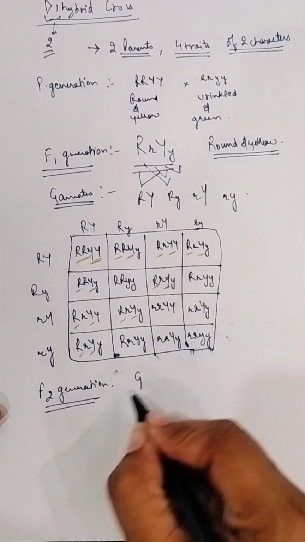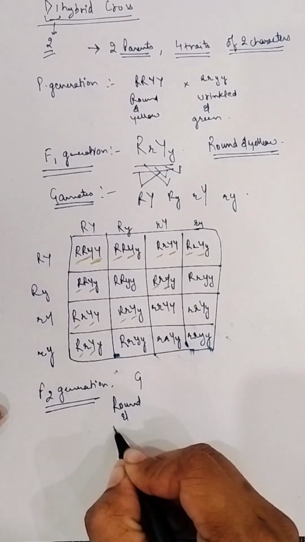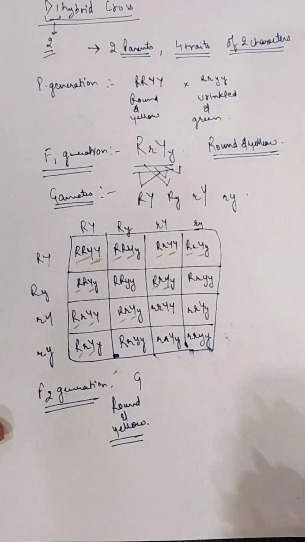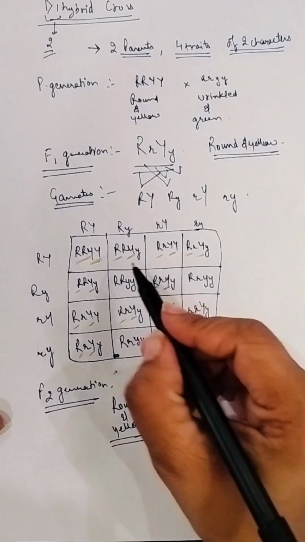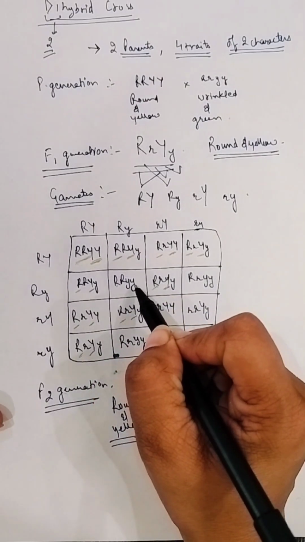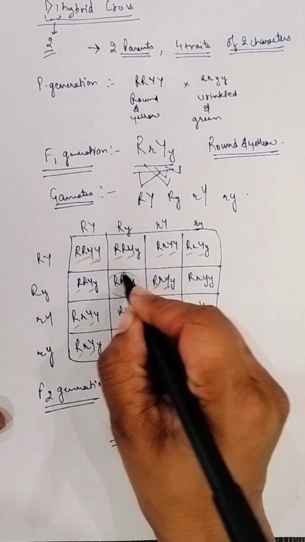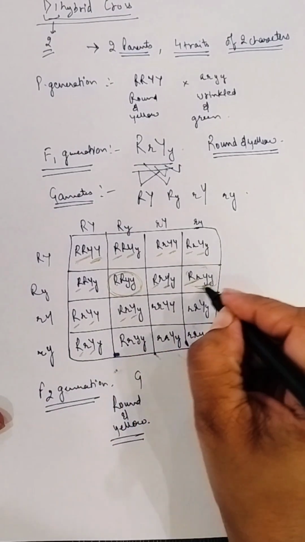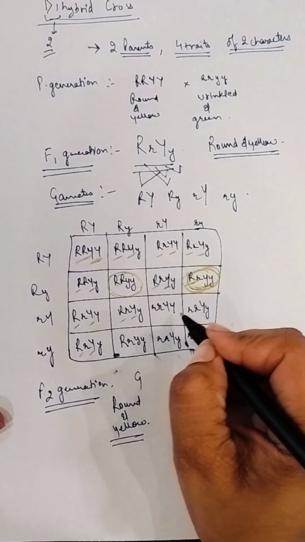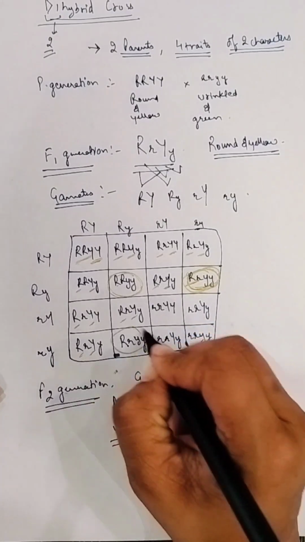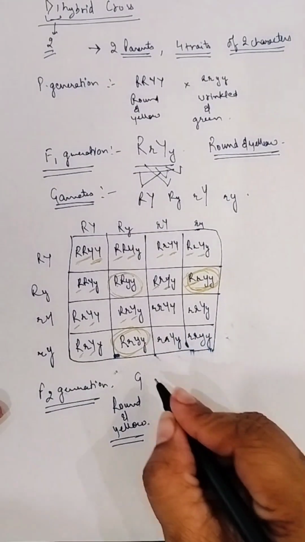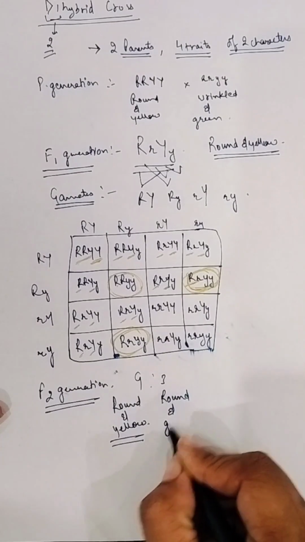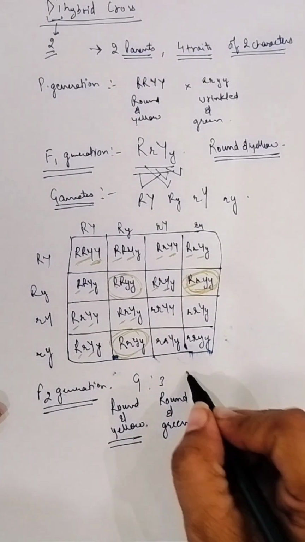So here 9 we will be having round and yellow. Then after that, round and green. Let us take these recombinations with small y. So this will also be round but green, and this will also be round and green, and here the ratio of round and green is 3.